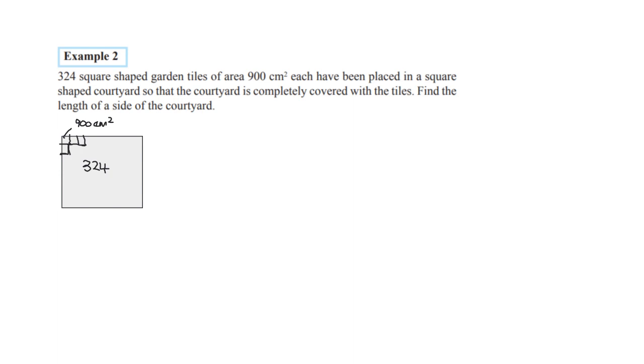So the length of a garden tile is equal to the square root of 900, because the tile is in square shape, that is equal to 30. So you want to put units there, 30 cm.